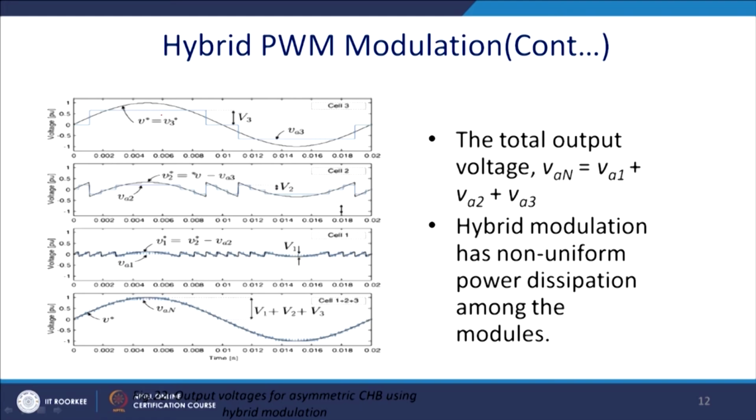So, ultimately you subtract, this is V1 minus V3, and so you get V2 minus V3, and then again this V1 will be V2 minus V2, and ultimately what you get is V1, V2, V3.